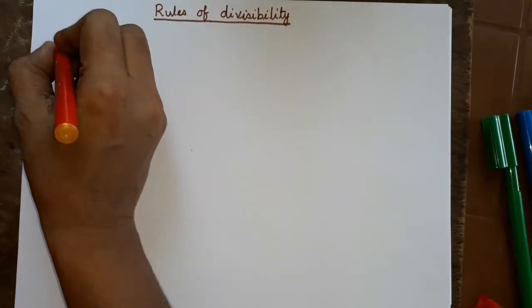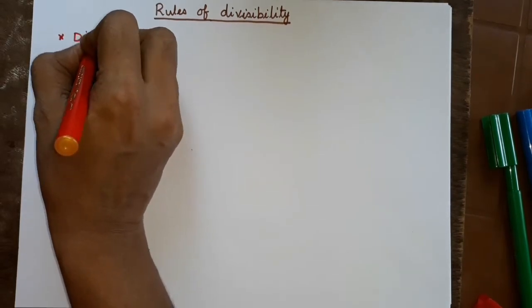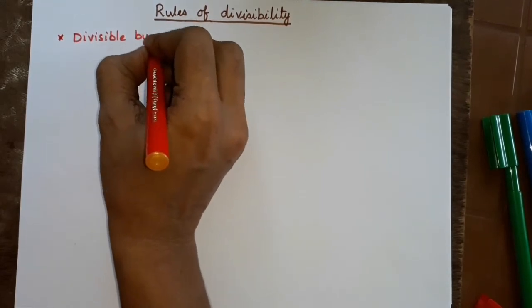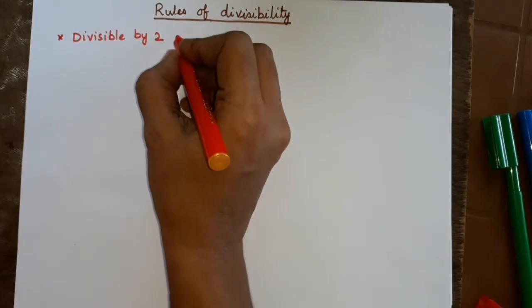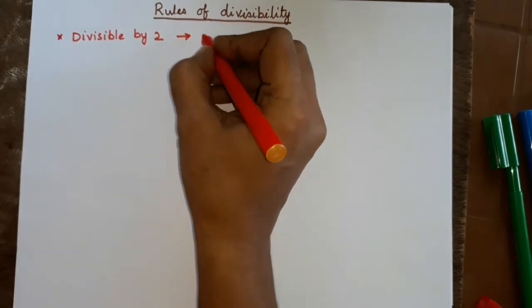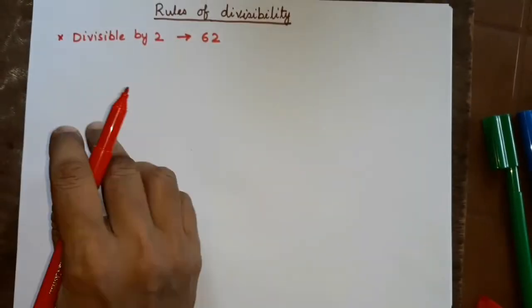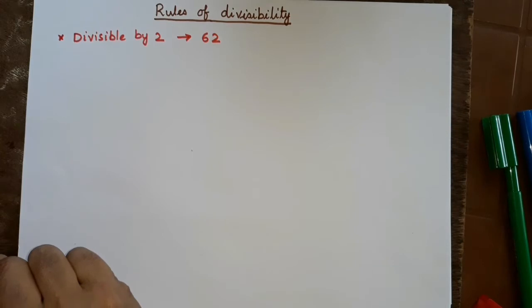So first let us consider if a number is divisible by 2. How will we check? Say we are given the number 62, and we have to check whether 62 is divisible by 2. So what do we have to do?